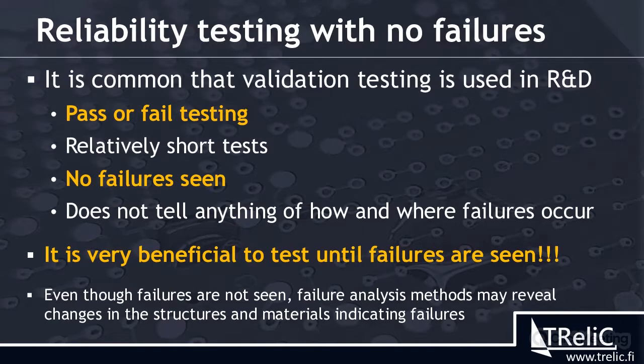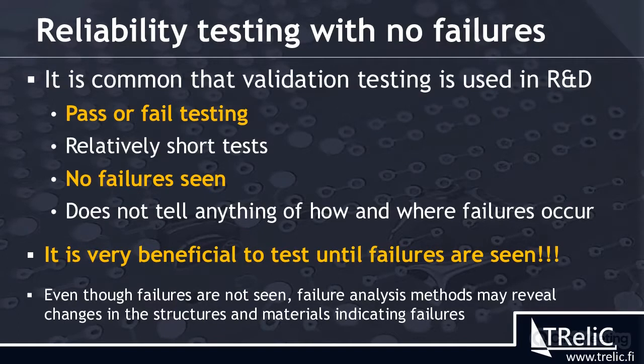But the problem with this kind of testing when it's used in product development is that we don't get any failures. We have no idea how things fail. And then if you get something back from the field, there are failures. You don't have this very, very important information about what kind of failures you expect in different conditions, and you can't immediately check if there is a correlation and so on.